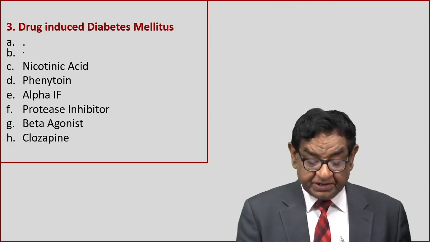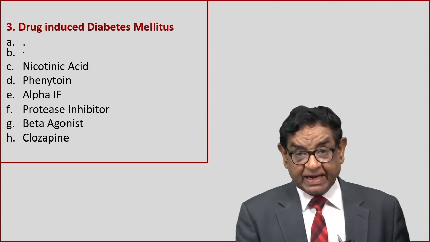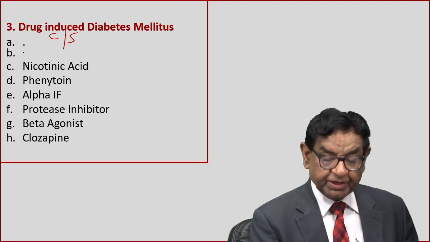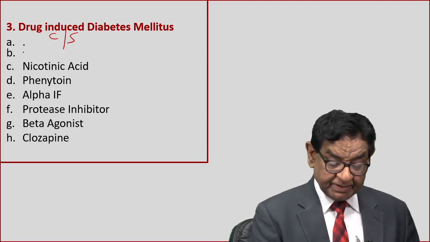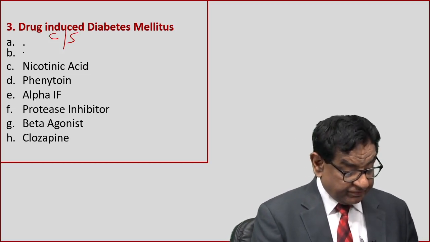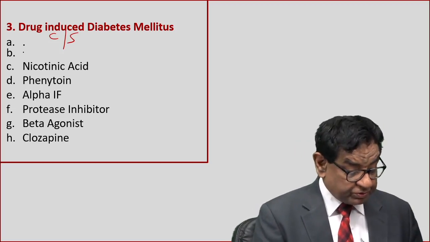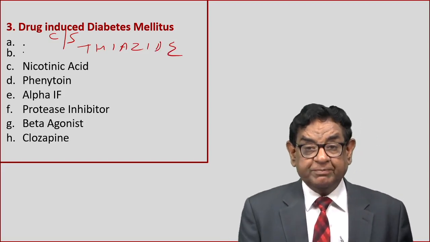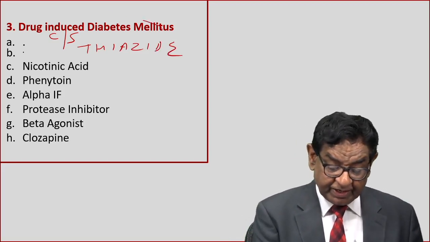Now, there are certain drugs which can cause hyperglycemia, and the most commonly used one is corticosteroids. The other common drug is thiazide diuretics. They can lead to hyperglycemia, which is well known and very frequently asked.